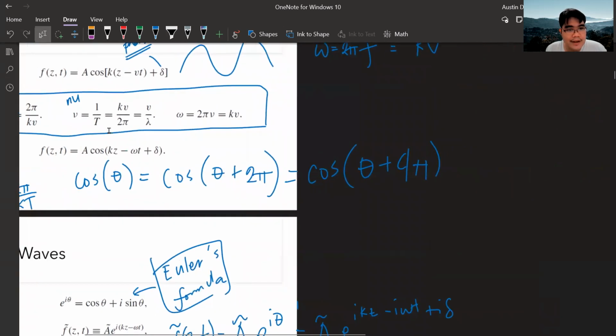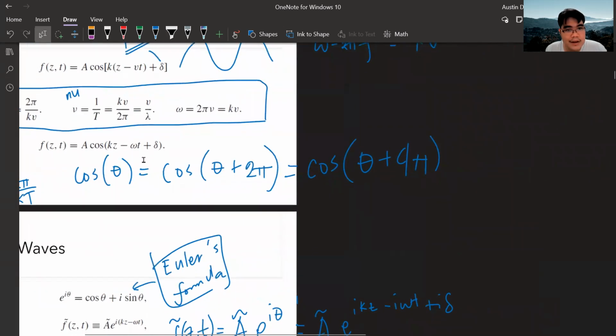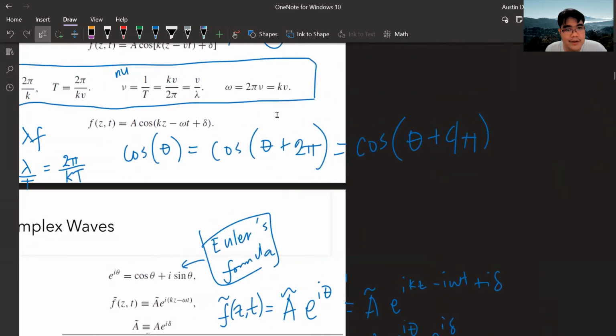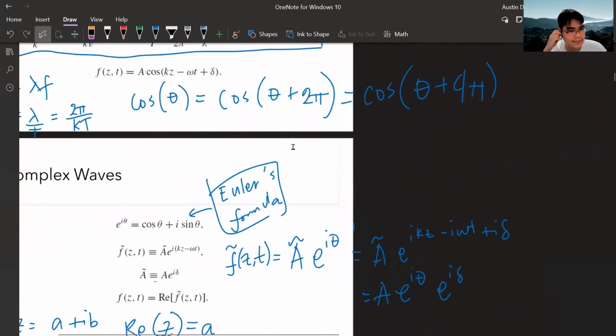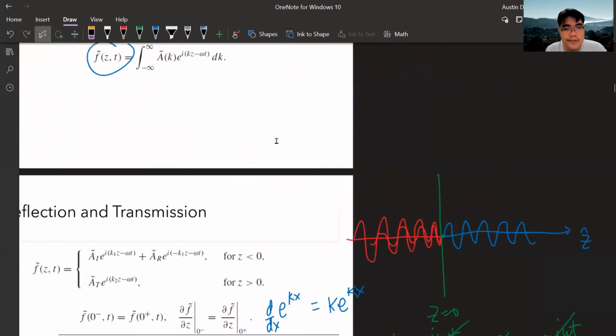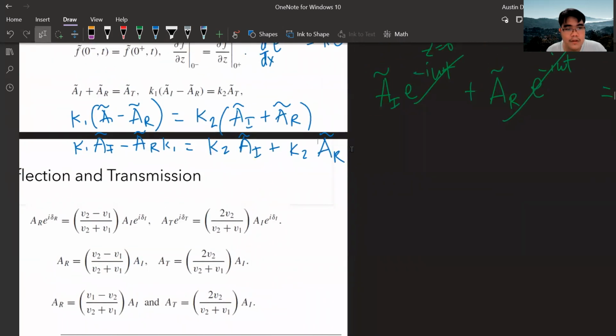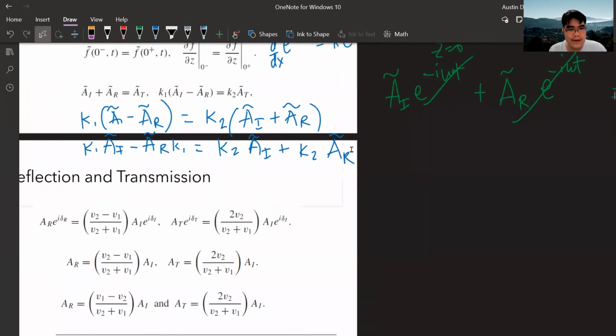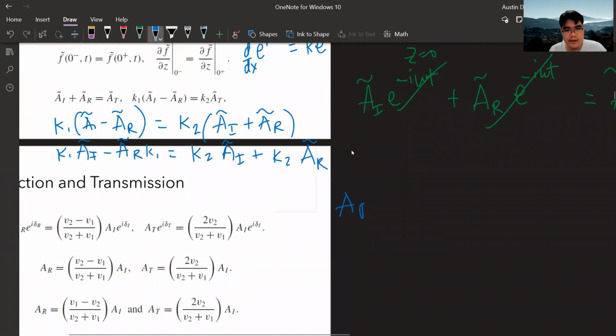Okay, so we have this equation. So omega KV. Okay, so now we have your AR. Hindi ko na solve lahat guys.